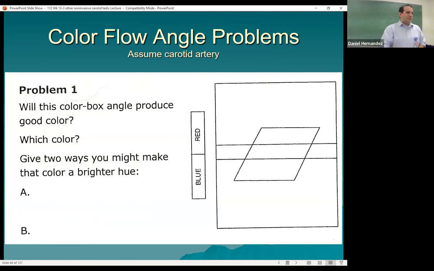So will this color box angle produce good color? Assume this is a carotid artery now, so blood flow going up to the brain in this direction. Is it gonna be red or is it gonna be blue?